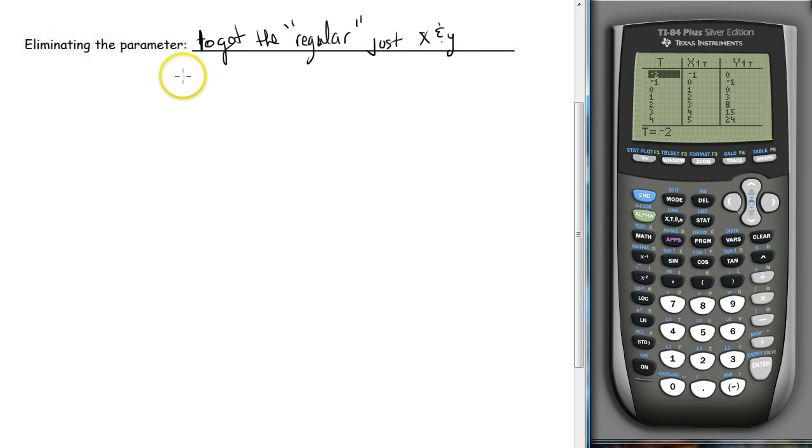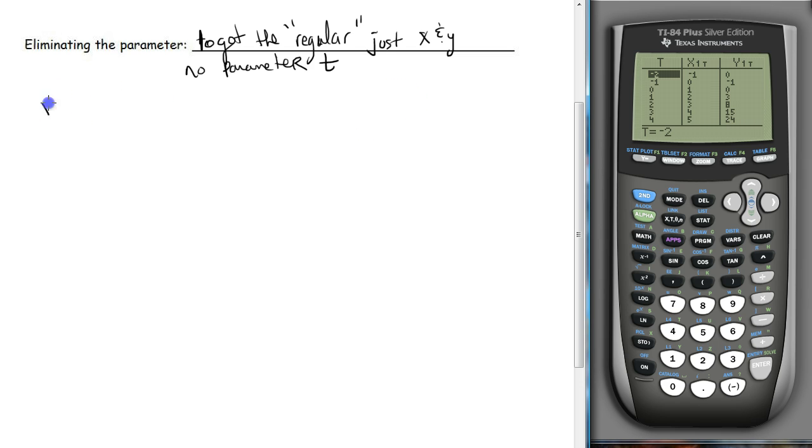There's no parameter t. Remember, t is the parameter. If you have t's in the equations, they're called parametric equations. If I just want x and y, those are my rectangular equations.